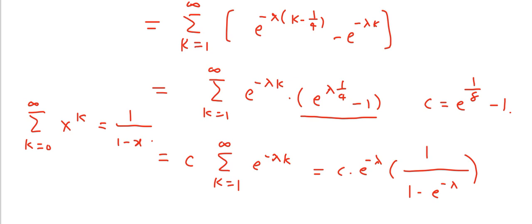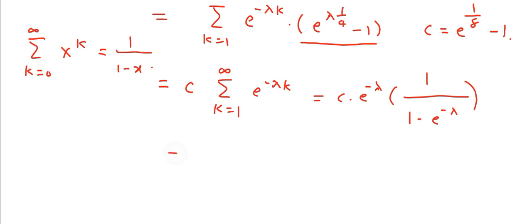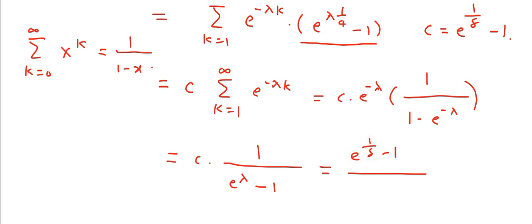Okay, we use this formula. Multiplying by e to the lambda, this becomes 1 over e to the lambda minus 1. By now we can say this equals 1 over e to the 1/2 minus 1, where e to the lambda is e to the half.